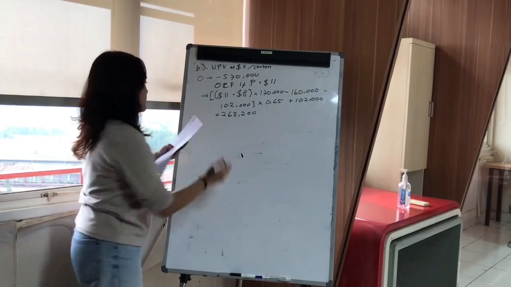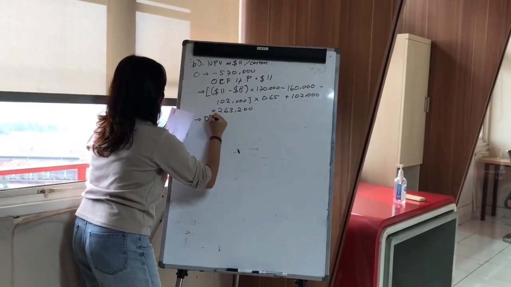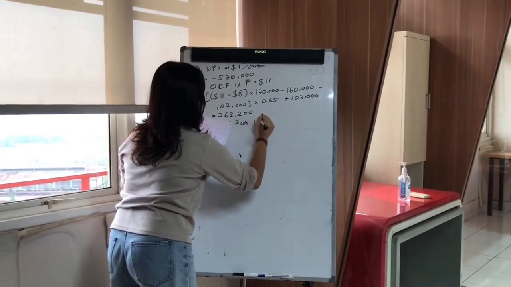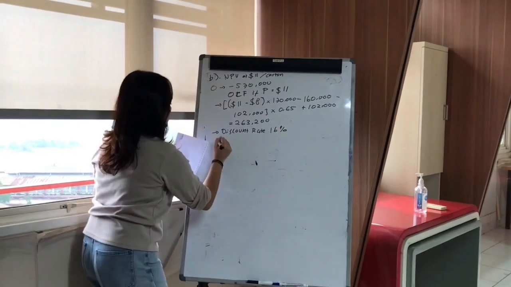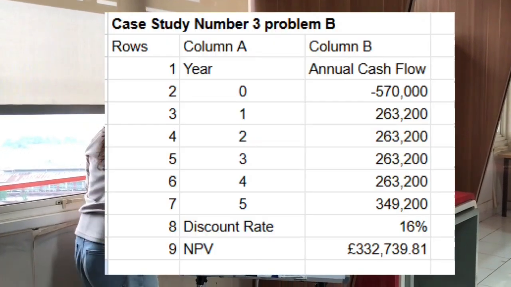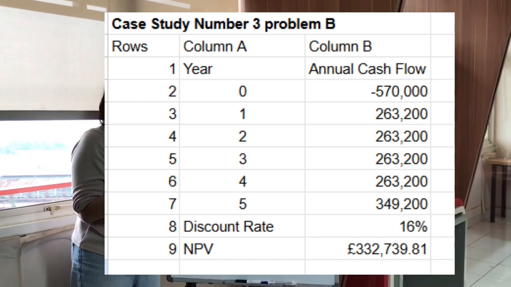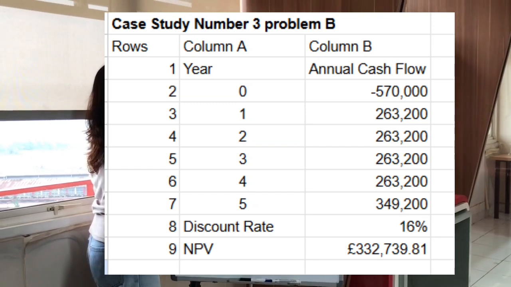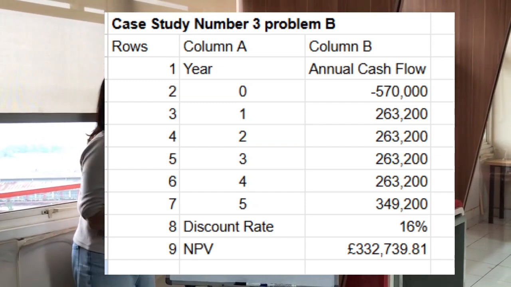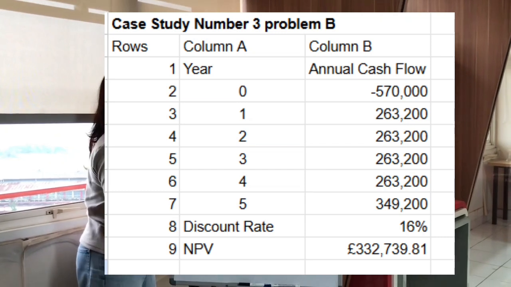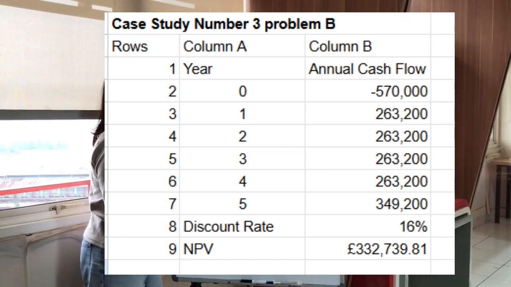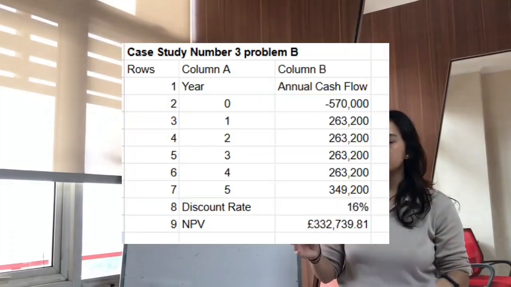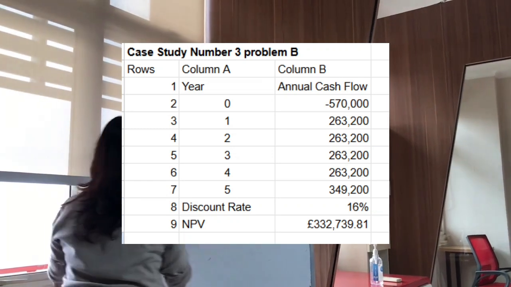And for the discount rate, we have 16%. And if you see the sheets right over here, you can see the year 0 is minus 570,000 and the rest of the years is 263,200. And then next, let's move on to year 5.